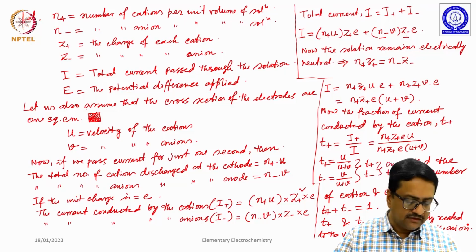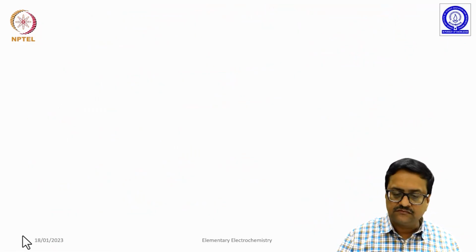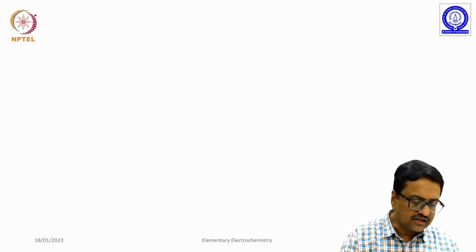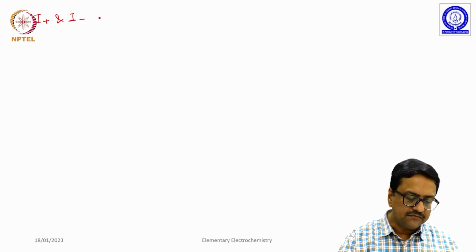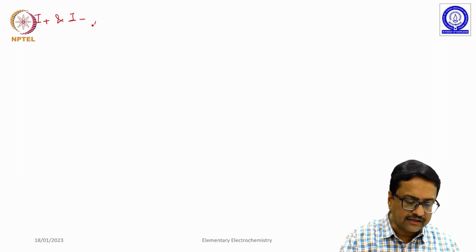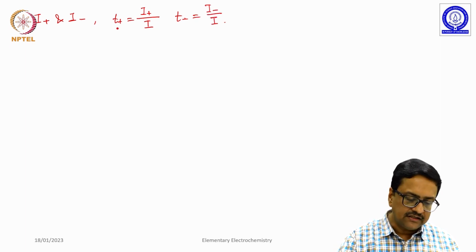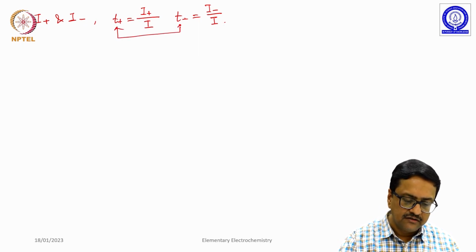So, we have learnt that the current that is conducted by the cation and the current conducted by the anion, which are I plus and I minus, the fraction of current conducted by the cation is T plus, which is nothing but I plus by I, and T minus is nothing but I minus by I, and these are called the corresponding transport numbers.